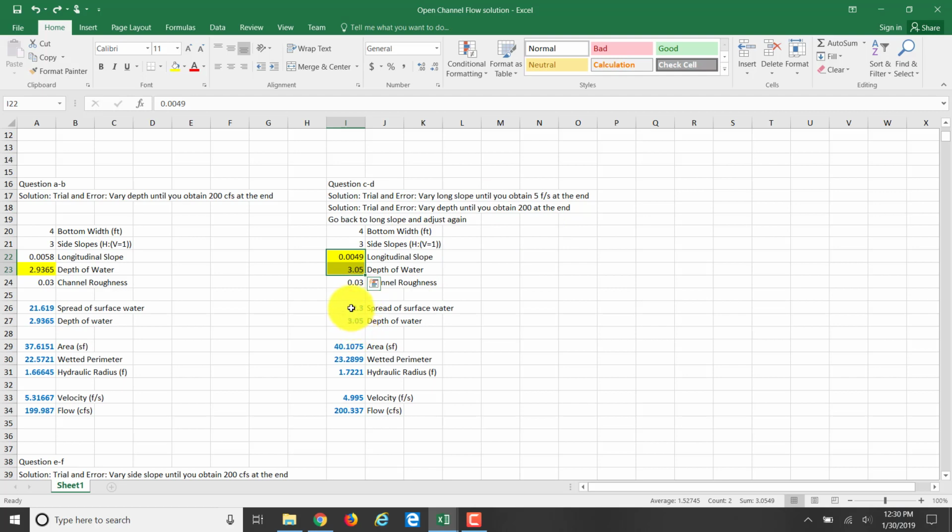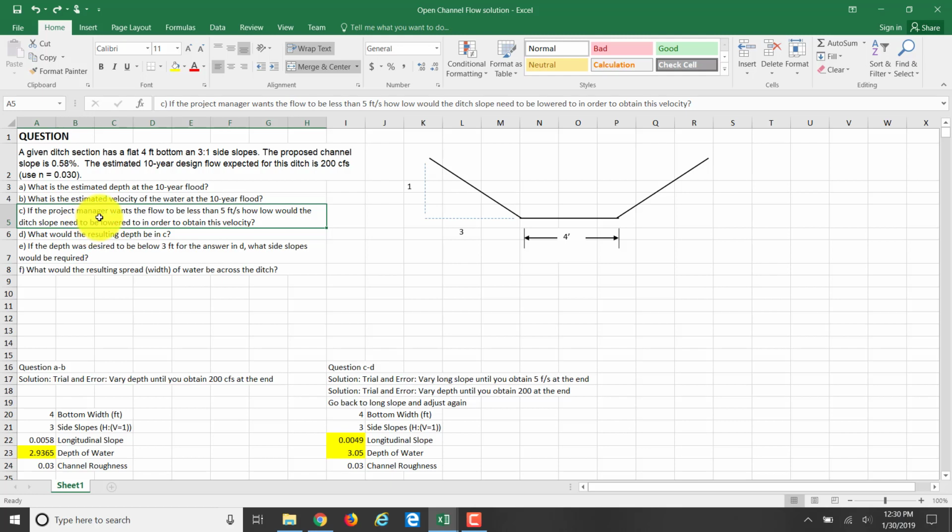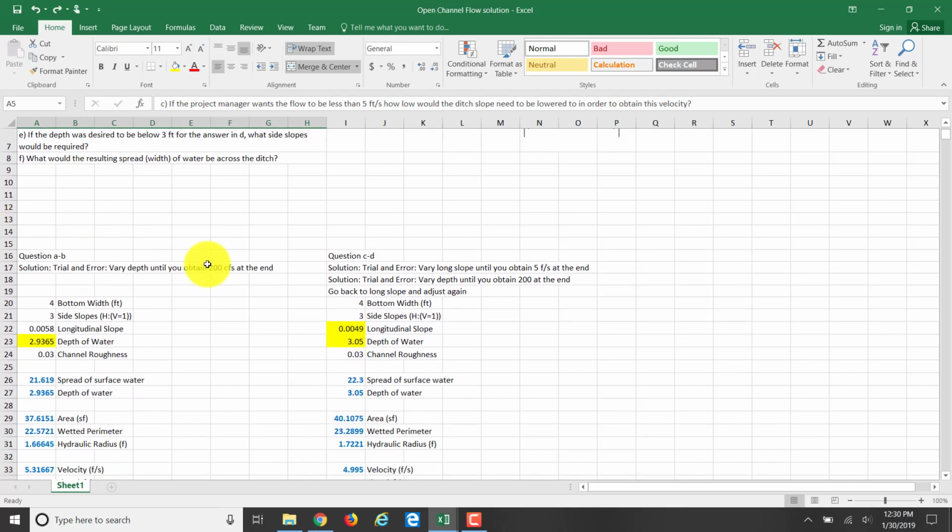And again, my formulas are exactly the same over here as they are over here, except that now the parameters I'm looking at are out of here. So this is my solution for A and B. I've just copied these over to this column over here in order to be able to solve for the question portions on C and D that I need, which is I want to be less than 5 feet per second, and what would the slope need to be lowered to obtain that.